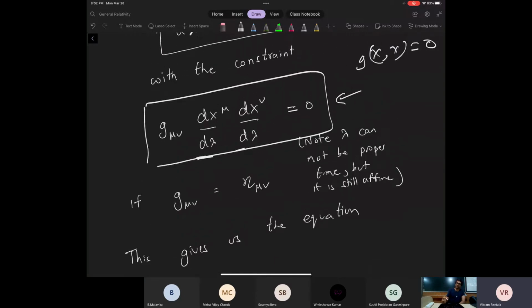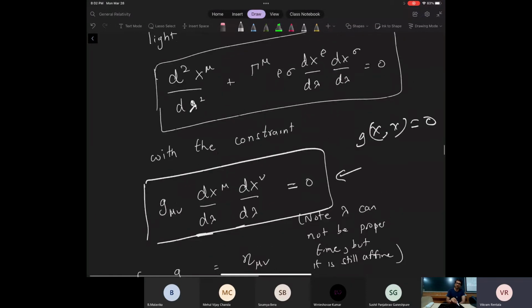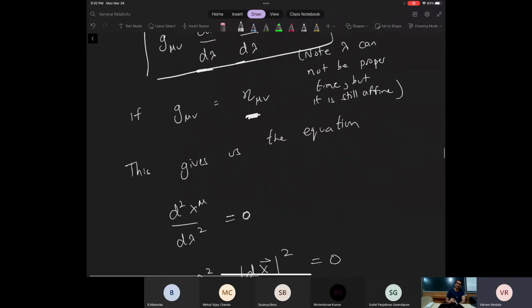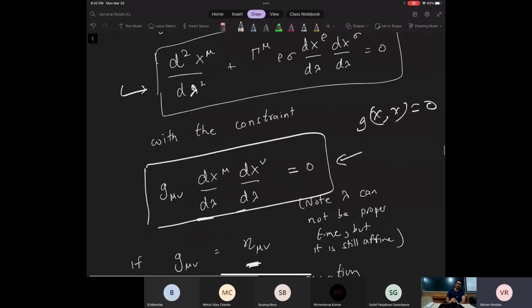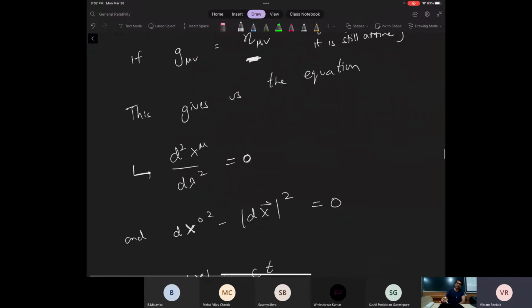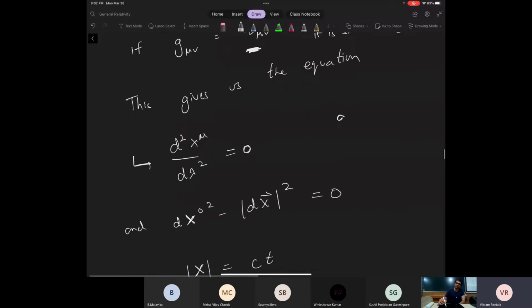So let's go back to the familiar example of Minkowski spacetime. If g mu nu is eta mu nu, then this gives us the equation. The first equation just gives us d square x mu d lambda square is 0. The second equation, for null geodesics, if I ignore the d lambda, just gives me g mu nu dx mu dx nu is 0, which is dx 0 square minus dx bar square is 0.